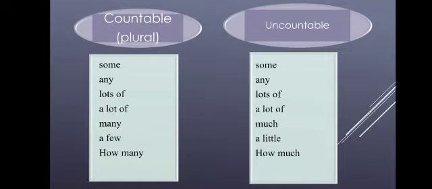So the difference here is only in the quantifiers: many for countable, much for uncountable, a few for countable, a little for uncountable, how many for countable, how much for uncountable. And note here that we use quantifiers with the plural form of the countable nouns.